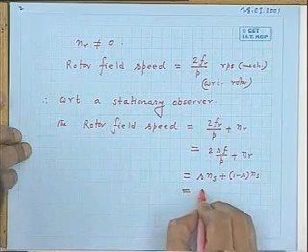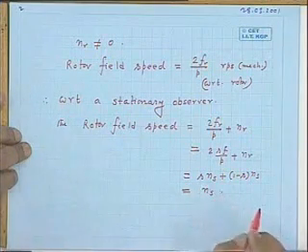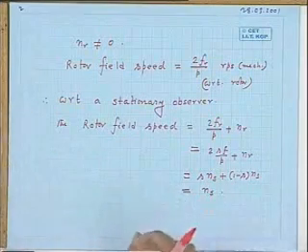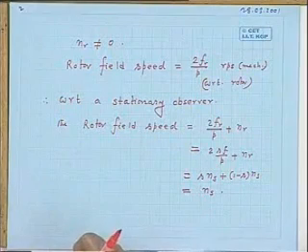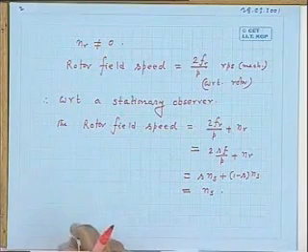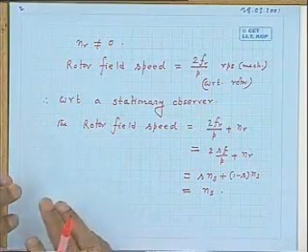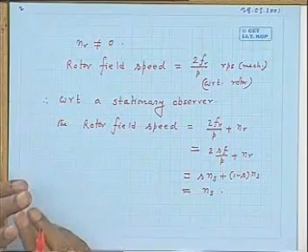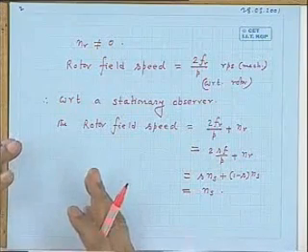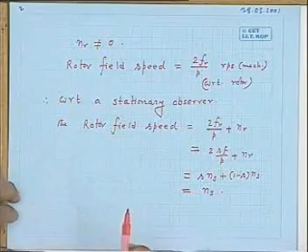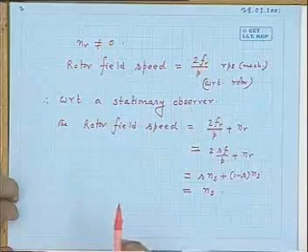And if you calculate, this will become NS. Therefore, a stationary observer will see the rotor field rotating always at NS, no matter whether the rotor is stationary or rotating with any arbitrary speed. This is a very important thing one should note.